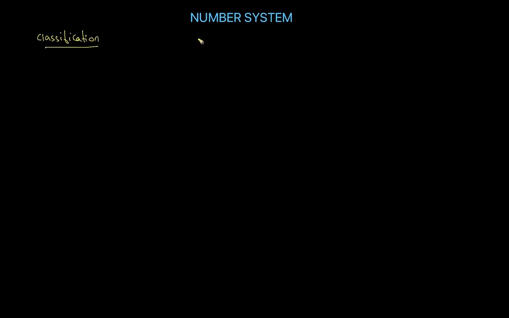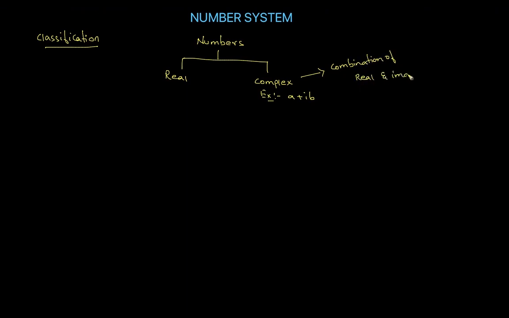right? So basically, the numbers are divided into two parts: real numbers and complex numbers, right? The complex number example is a plus ib. The complex number is the combination of a real number and an imaginary number.